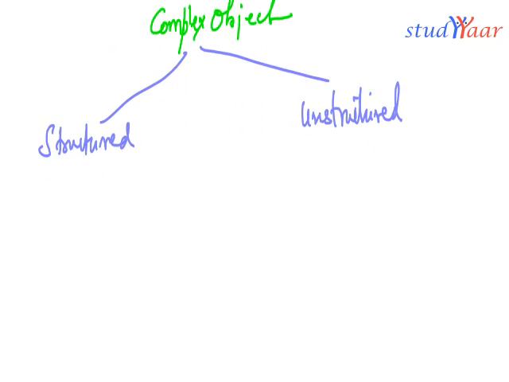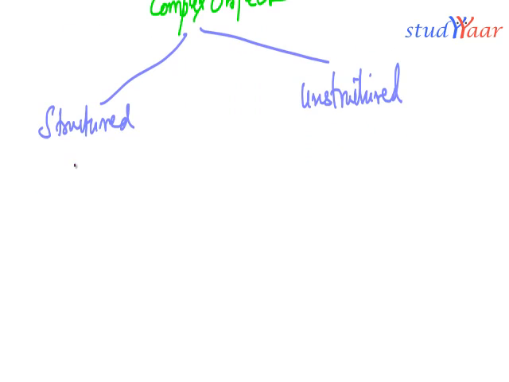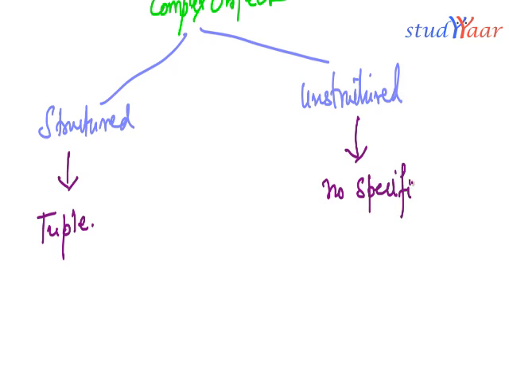A structured complex object has a particular structure, which means it is of the type tuple. And an unstructured complex object has no specific type.